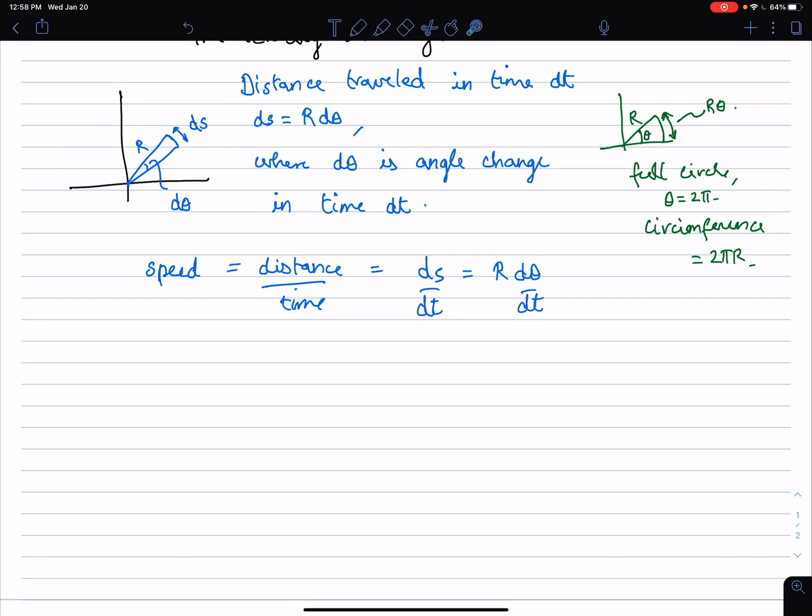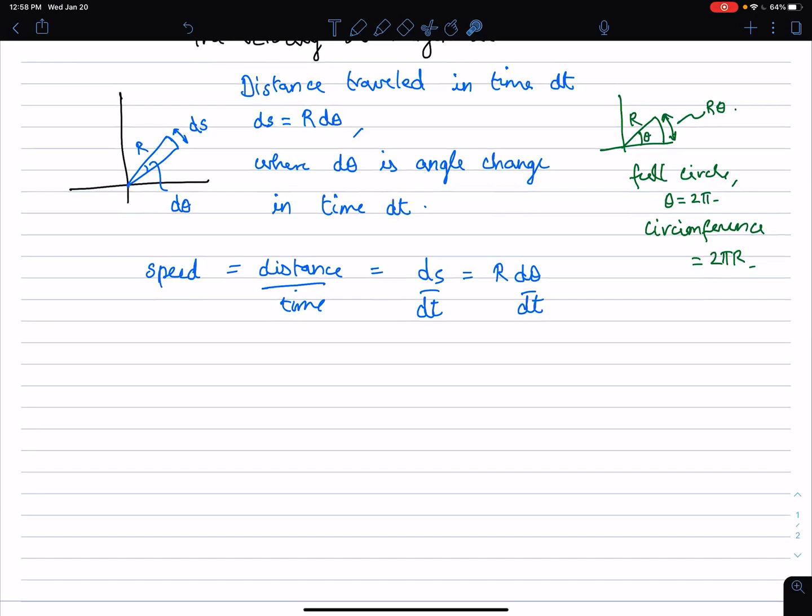If you want to be a bit more rigorous, what you would do is rather than say ds here, you can say delta s, delta t, and so on. And then speed is approximately equal to r delta theta by delta t, and then you take the limit of delta t going to 0, and you will get basically r d theta by dt.